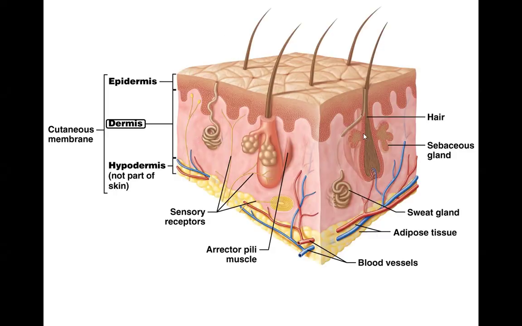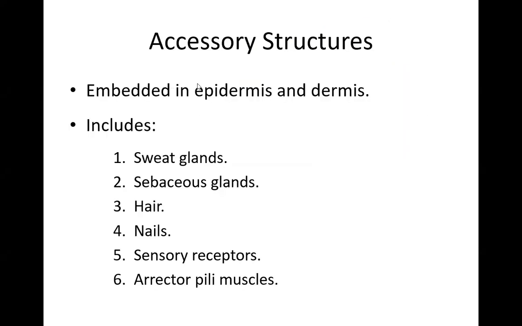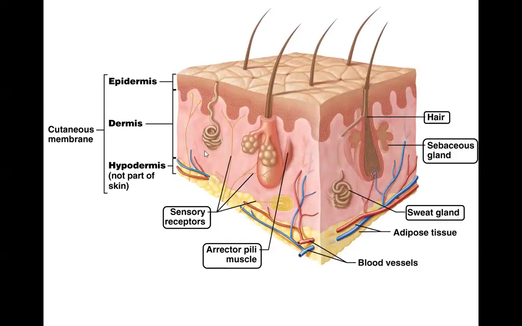The accessory structures are embedded in the epidermis and the dermis. They include sweat glands, sebaceous glands, hair, the nails, the sensory receptors, and the arrector pili muscles.